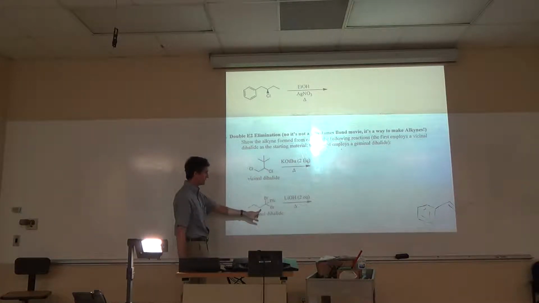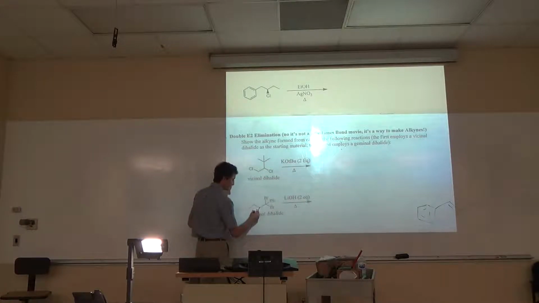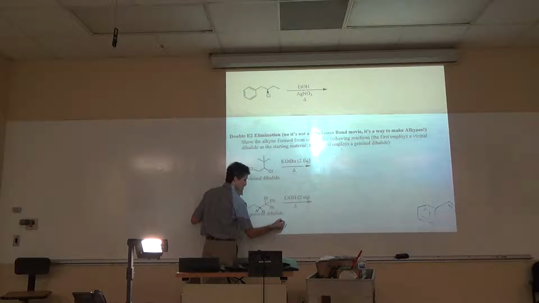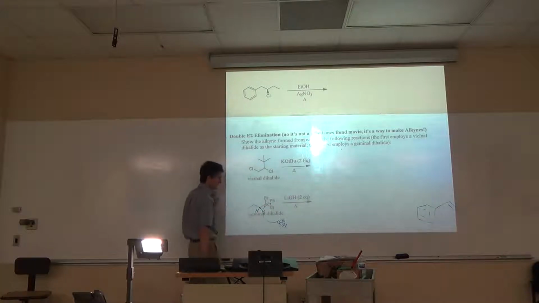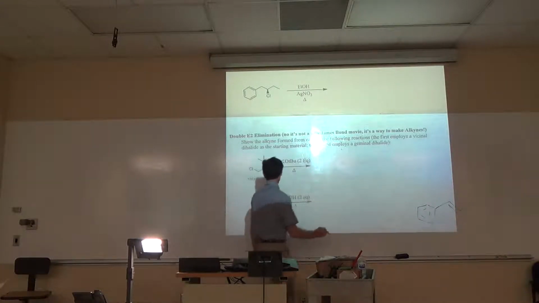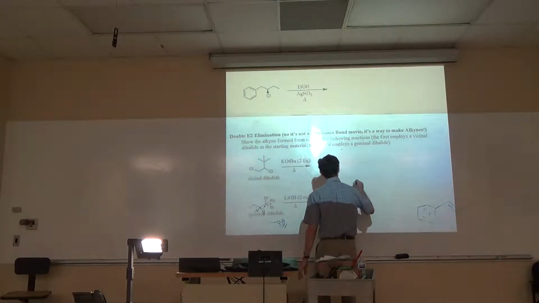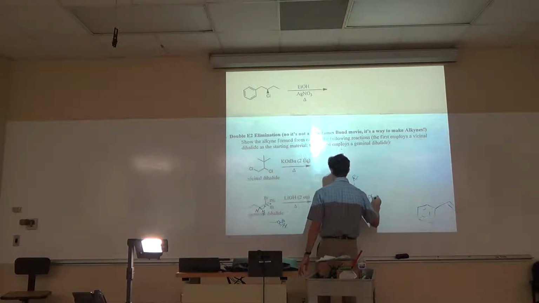Let's do this one first. We got hydroxide here, right? Take an H, these electrons move in here, kick off one bromine. And we get a double bond here with bromine and a phenyl.